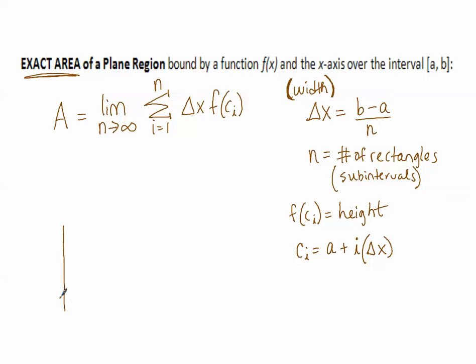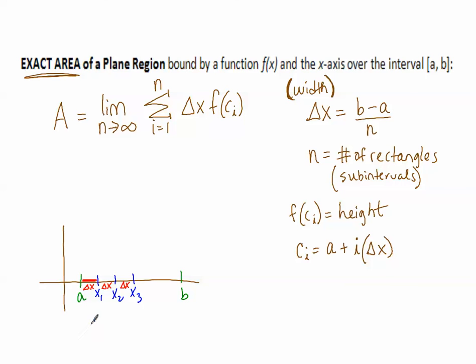Let's look at that again so that you're sure. Here is the starting point a. The first x, the second x, the third x, so on and so forth until we get to the end of the interval. Each of these subintervals is delta x big, delta x big, delta x big. That's the width. So to get x sub 1, that x coordinate, that is the c sub i.